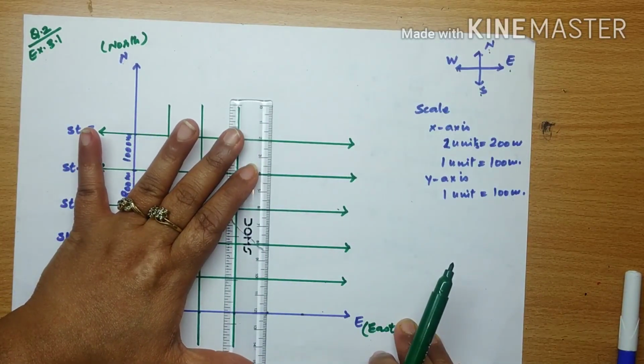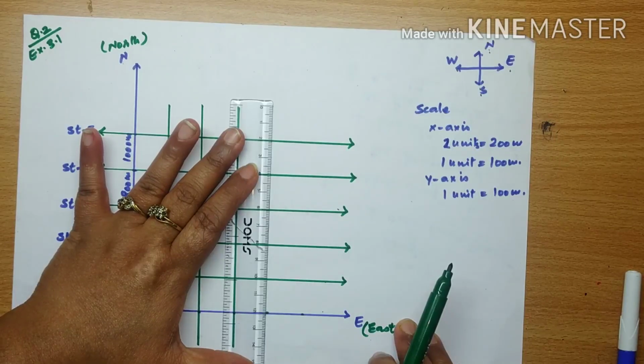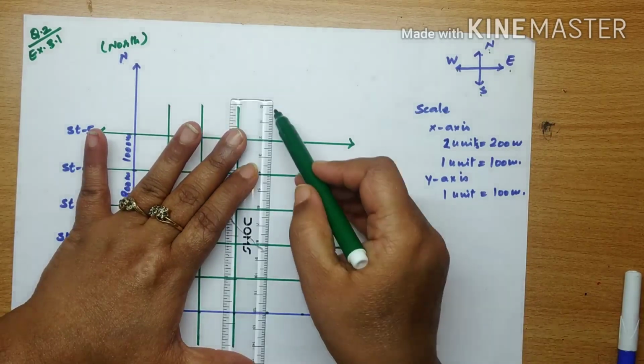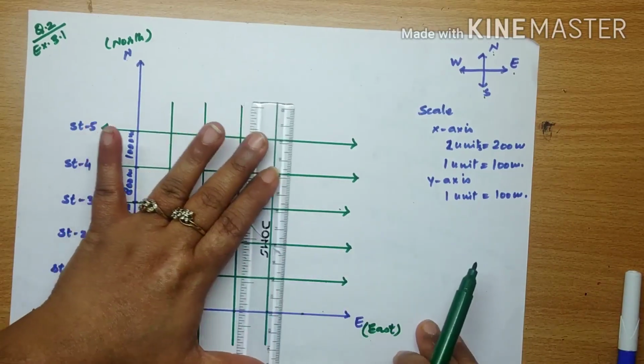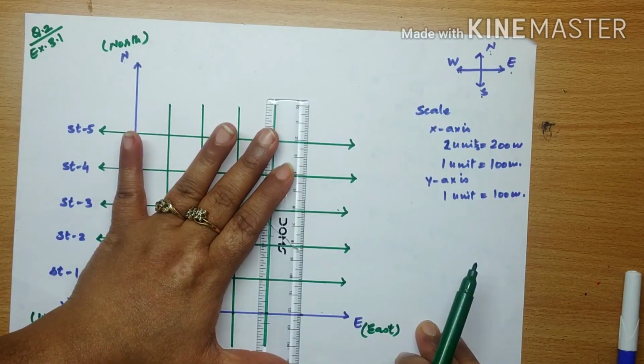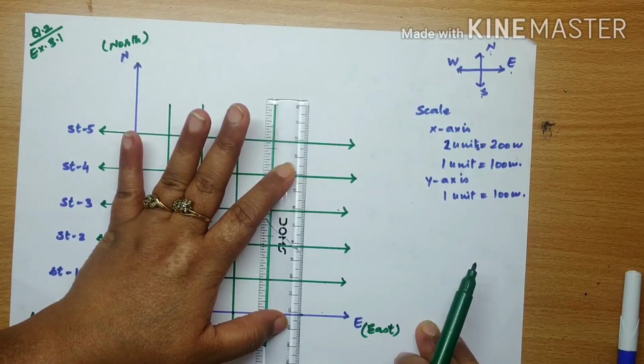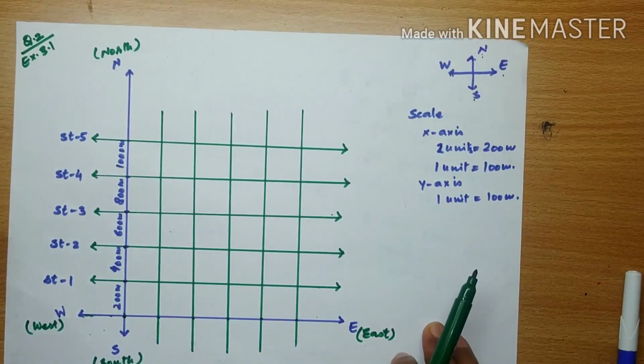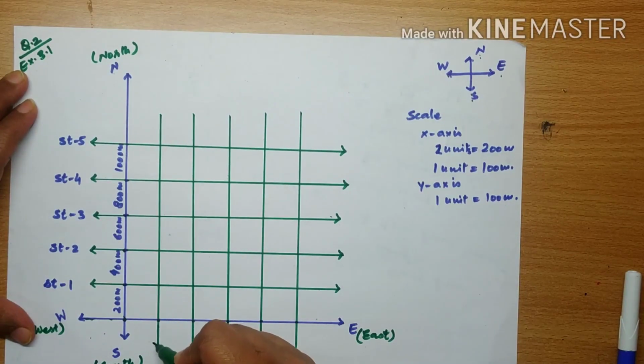So I am drawing here the streets parallel to north-south at a distance of 200 meters. Here my 1 centimeter represents 100. So 2 centimeter represents 200 meter. So we have marked these 5 streets which are parallel to north-south.